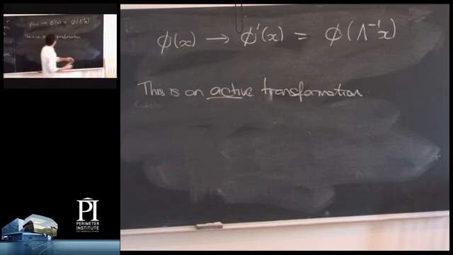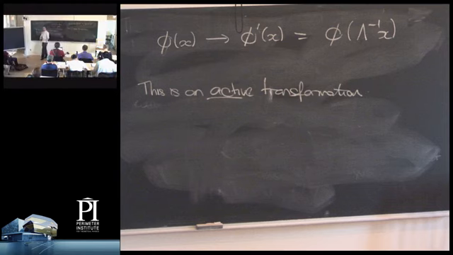So this is how it transforms. And the subtle part is the fact that this is a lambda to the -1 here and not a lambda. OK? So this is all to do with the difference between active and passive transformations. In practice, it really doesn't matter whether you're doing an active or a passive transformation and whether you put a lambda or a lambda to the -1 there, as long as you're consistent. But if it's an active transformation, it's correct to put lambda to the -1.